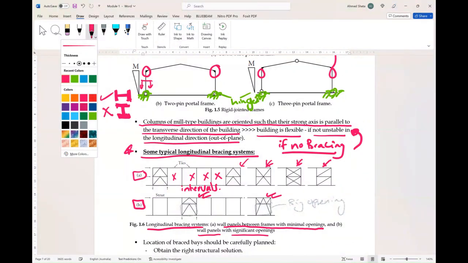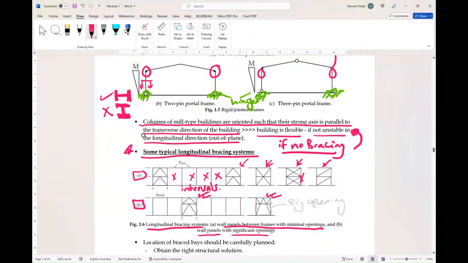So these are several types of bracing. This is cross bracing. This is also cross bracing. This is knee bracing. And this is diagonal bracing.